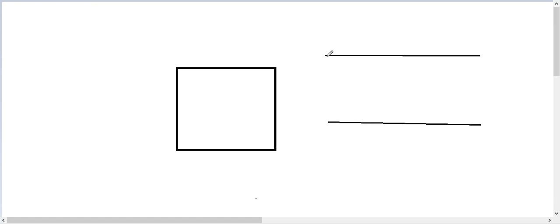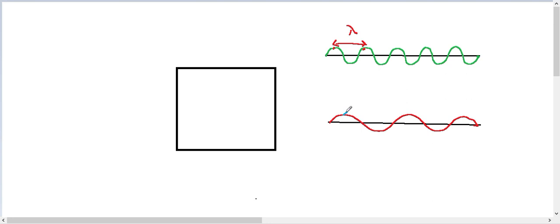Number one is this one, and the second one is this one. So what is the difference between these two waves? As I already told you at the start of this video, the distance between two consecutive crests can be considered as the wavelength. So is there any difference between the wavelength of these two waves?